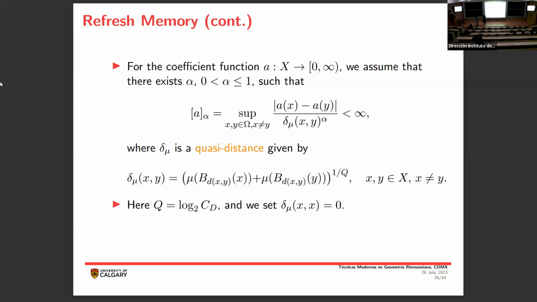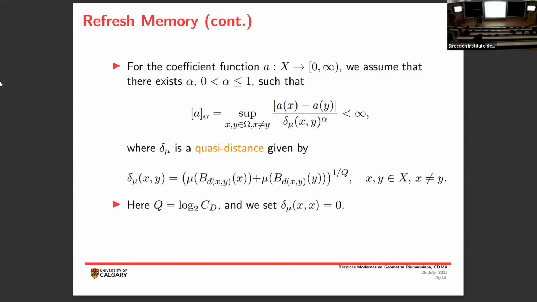I'm not sure if there's already something done for fractional Laplacian in metric measure spaces, but maybe using this type of quasi-distance things kind of get there. It looks like the quasi-norm that appears in the fractional setting. It is almost that. Yeah, I'm not sure.